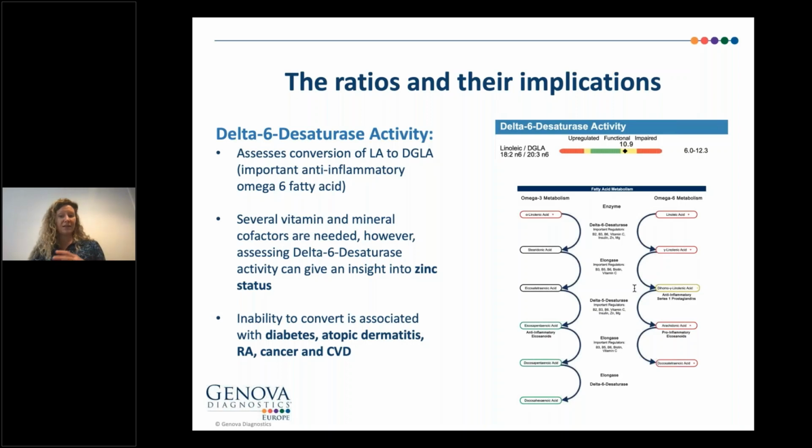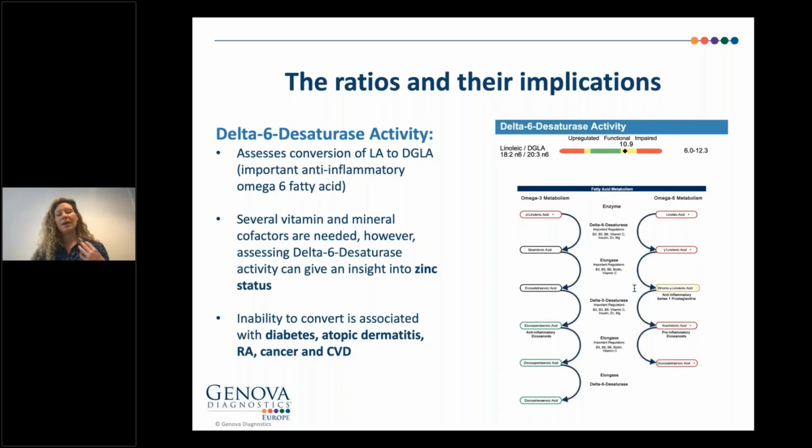Now, the two key enzymatic steps that are required to synthesize DGLA from the essential linoleic acid are the delta-6 desaturase enzymes and the elongase enzymes. But we're predominantly measuring the functioning of the delta-6 desaturase, as it has been shown to be a more influential enzyme in the conversion to DGLA.